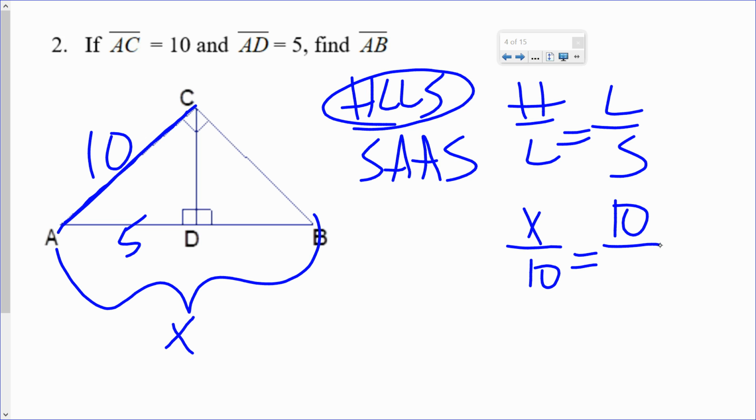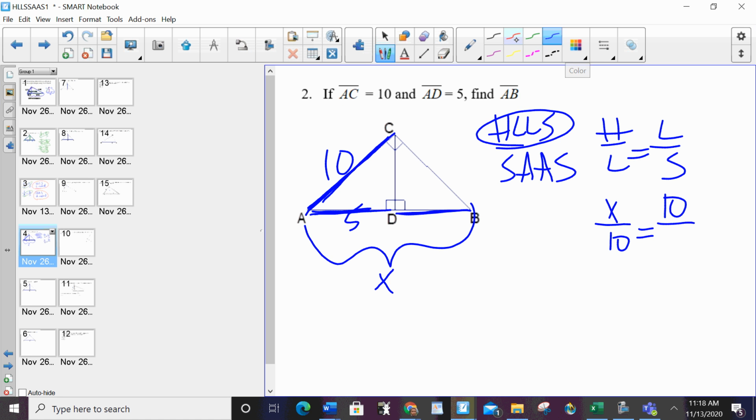Now there's two S's, right? There's a left leg and a right leg. I'm sorry, a left seg and a right seg. If you're using the left leg, you use the left seg. If you were using the right leg, you would use the right seg. So because I'm using the left leg, I'm using the left seg, which is 5.